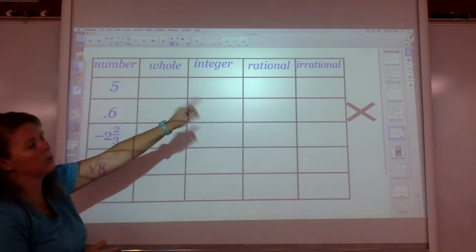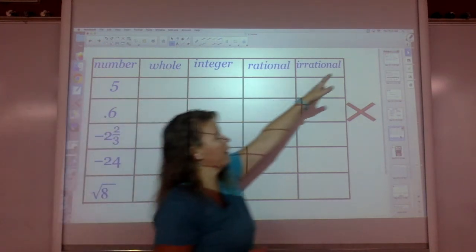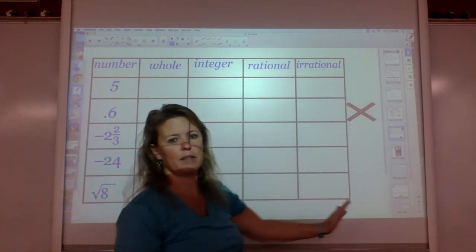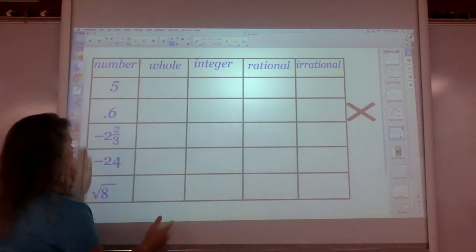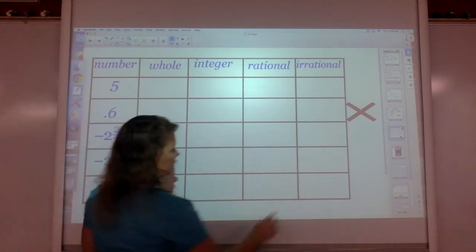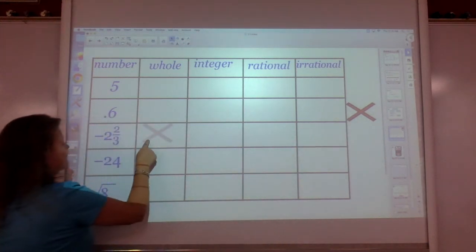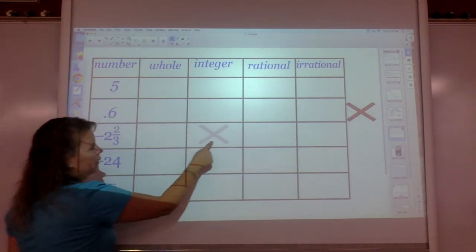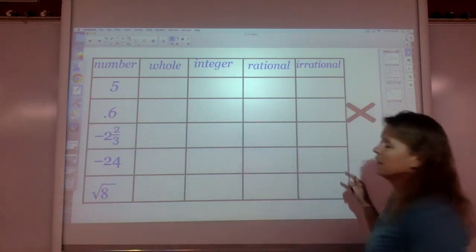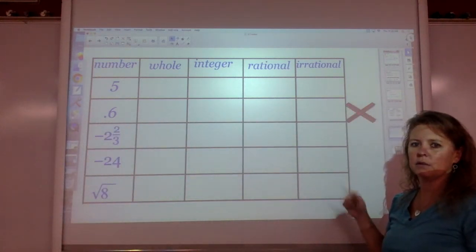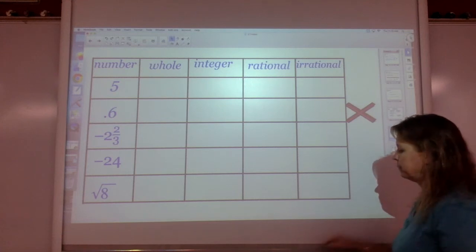Now notice I didn't put real up there. The reason I don't have real over here is because then everything would just have an X in it. If you think negative 2 2/3 is a whole number, put an X in that. If you don't think it's a whole number, leave it blank. Go ahead and fill that out. Come back as soon as you're done. Make sure you pause it.